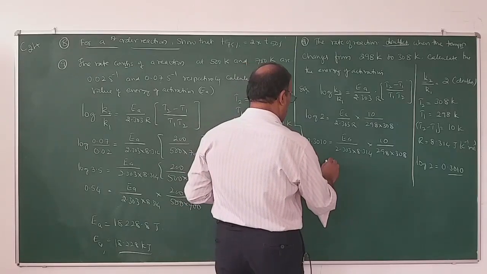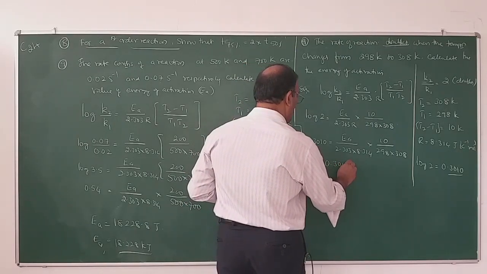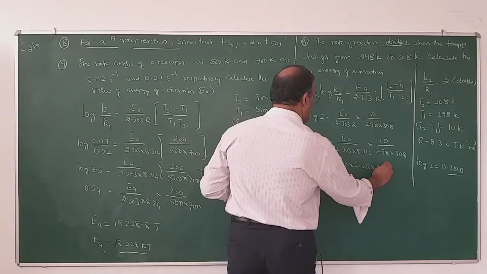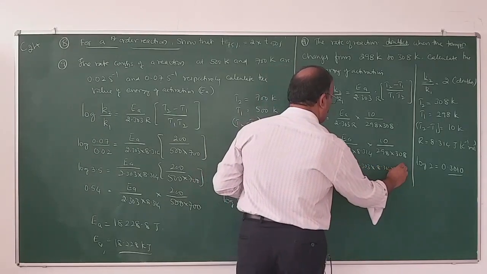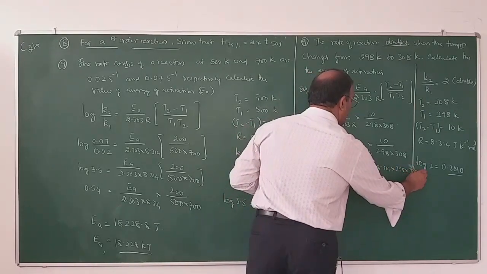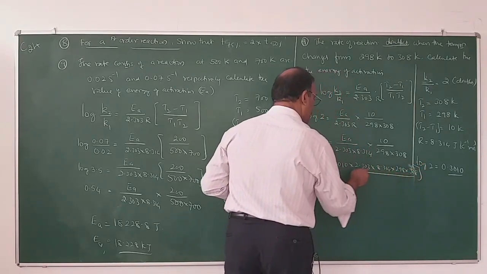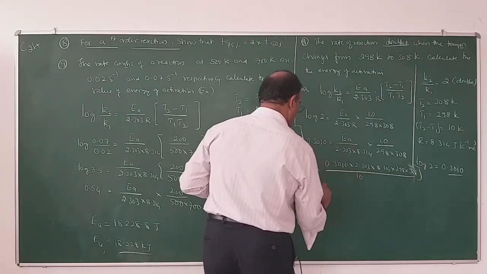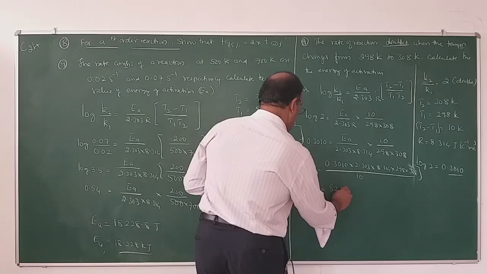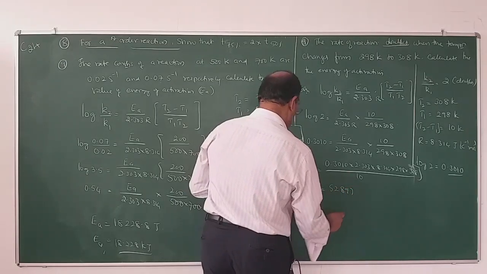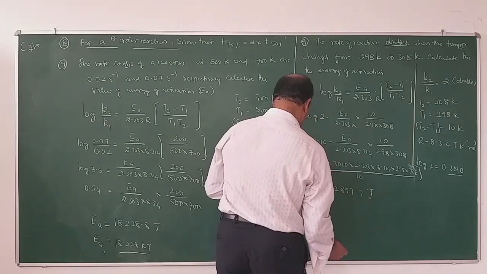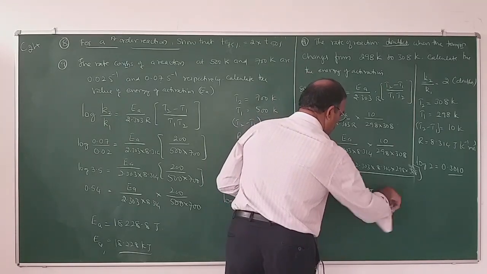EA is equal to 0.3010 into 2.303 into 8.314 into 298 into 308 divided by 10, that equals 52897.7 joules per mole.